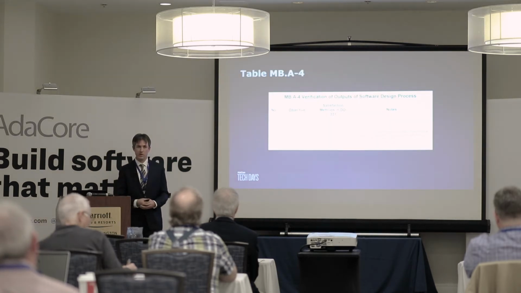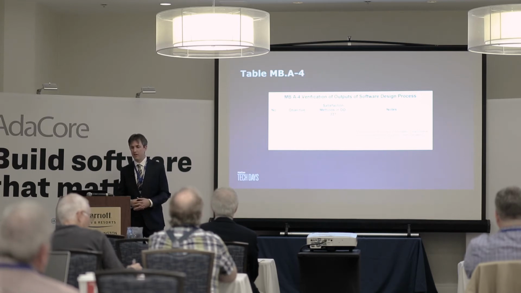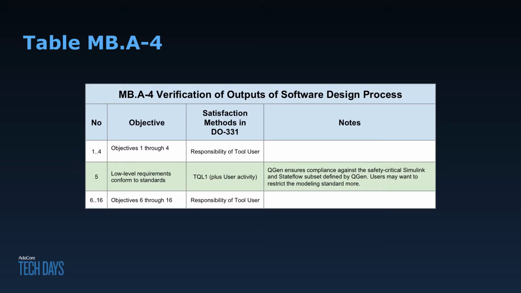So to dig into this a little bit more, I'll look at 4 tables from the model-based standard for certification, and I'll just touch on some of the things that we provide. So here we show you that low-level requirements conform to standards. So this is looking at your model and ensuring that in developing your model, you have adhered to a set of standards that have been selected.